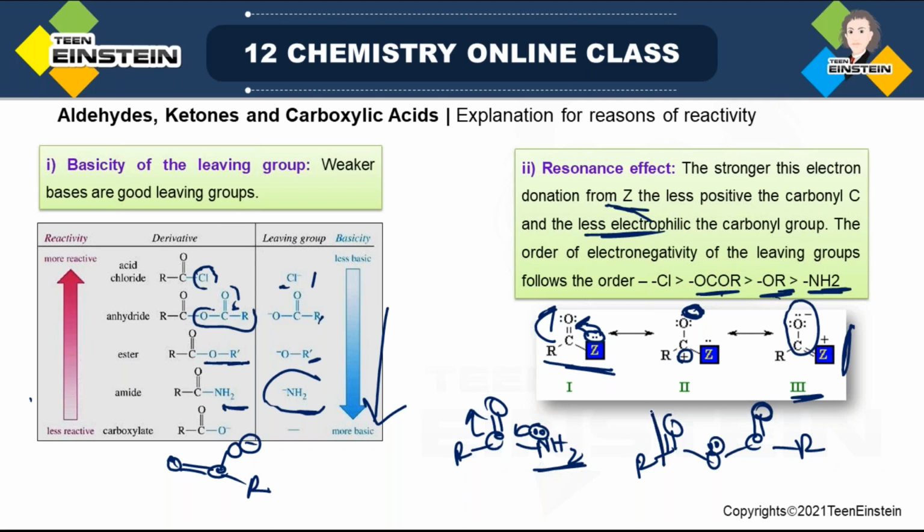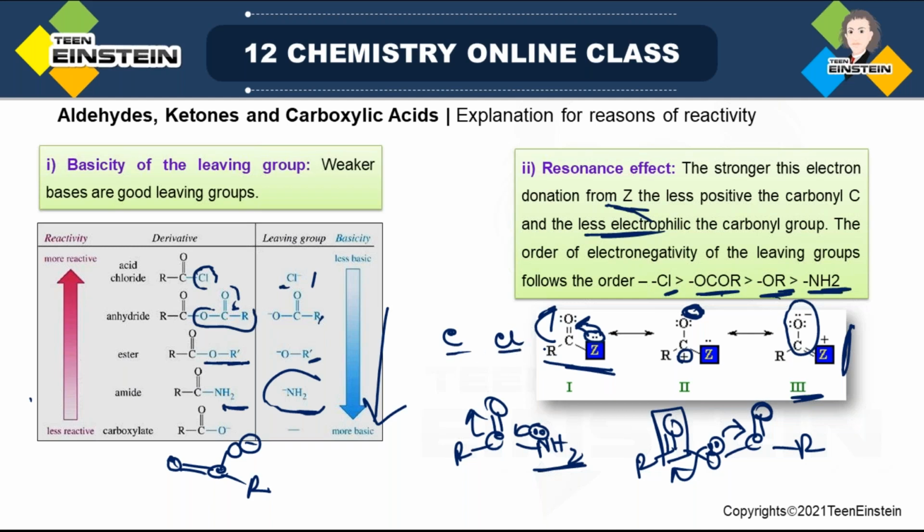So suppose you want to check the electropositive character of this particular carbonyl, but remember the lone pair can also be shifted towards the other side. As a result, the chance that the lone pair comes towards this side becomes less. Fine. And in case of Cl, it is not as such. Also you can consider that the sizes of carbon and chlorine do not match. They are not from the same period.